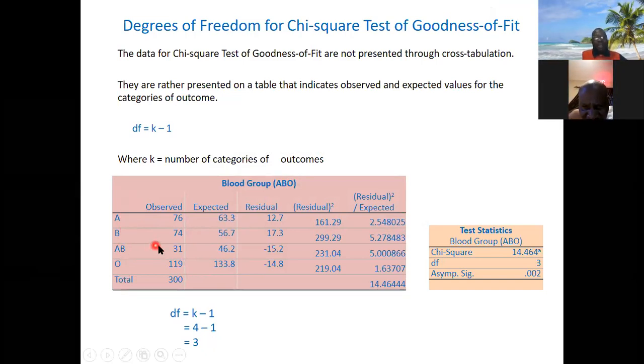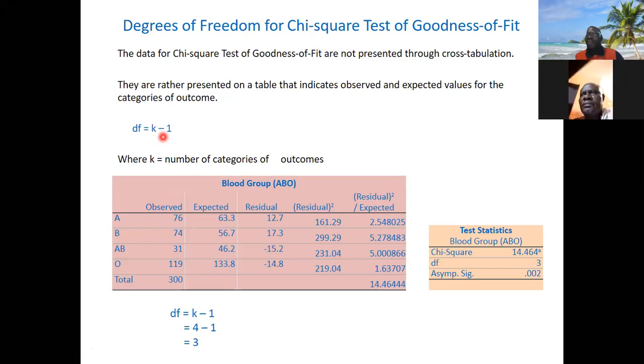Like in this example, it is talking of the blood group, 4 blood groups, ABO: group A, group B, group AB, and group O. Those are the 4 categories. And the degree of freedom will be K, which is the number of categories, minus 1. You already know that for a categorical variable, the degree of freedom is the number of categories minus 1.